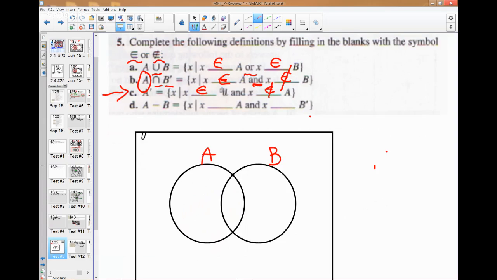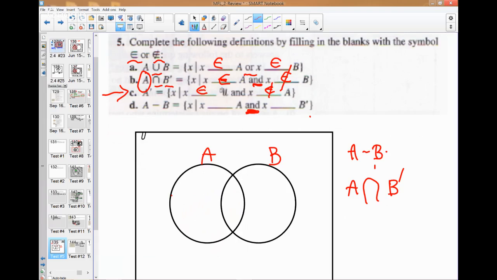All right, how about D? A remove B. So now here's what's tricky. A remove B. Well, they've got an intersection. That's because you could think of this as A intersect B complement. Let me just show you.